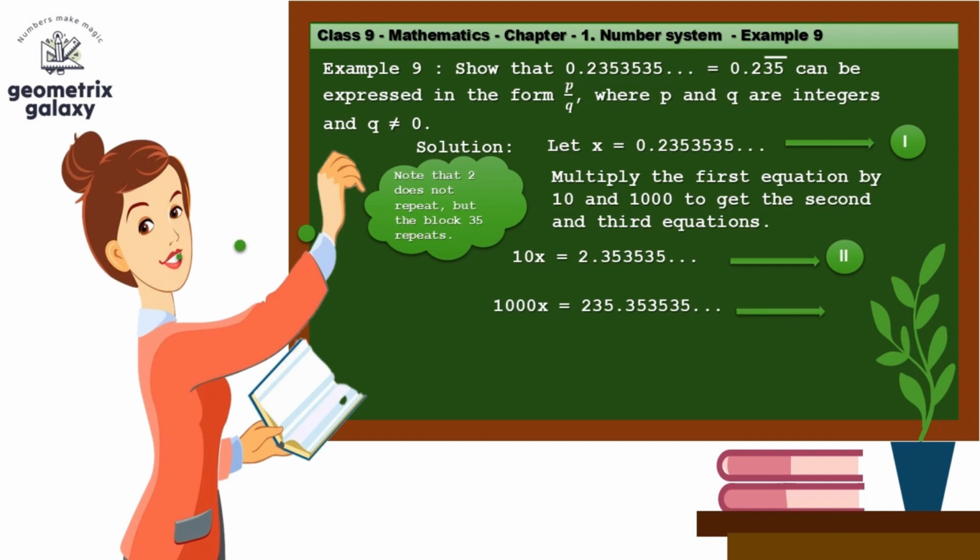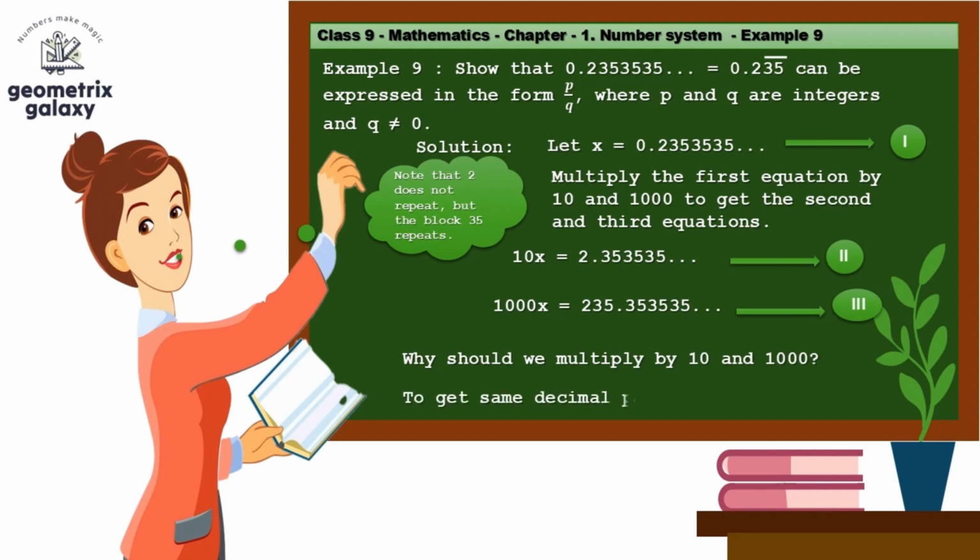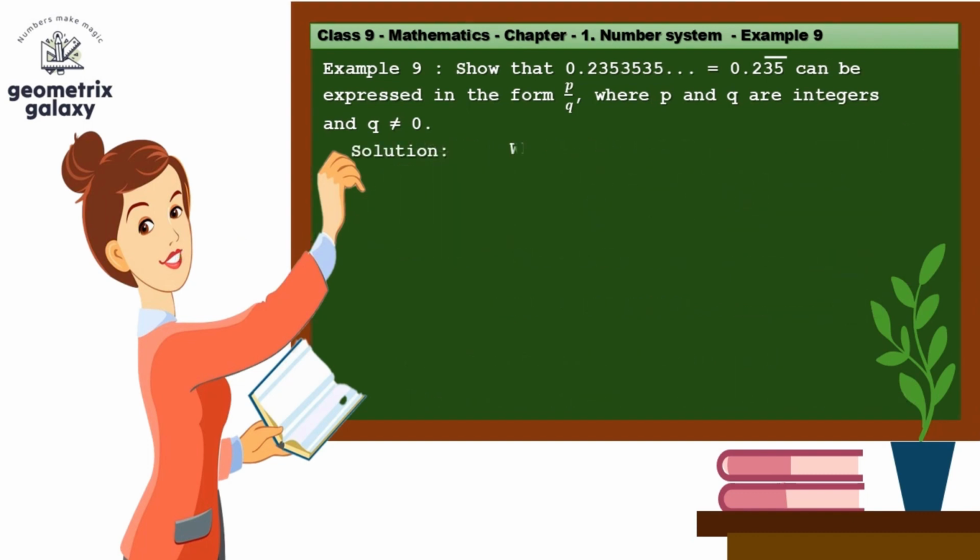Now you should have one question, why should we multiply by 10 and 1000? This is to get the same decimal part in both equations. Now another question, why should we get the same decimal part? To get the decimal part 0.